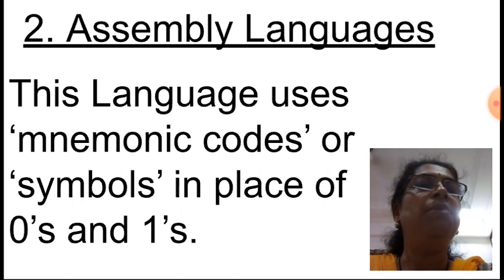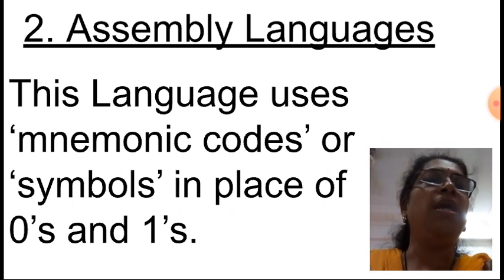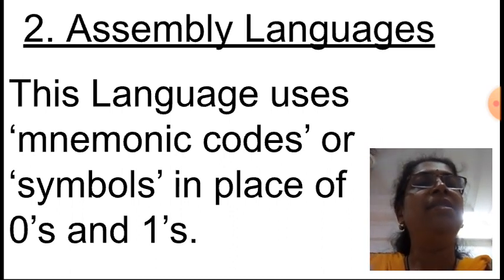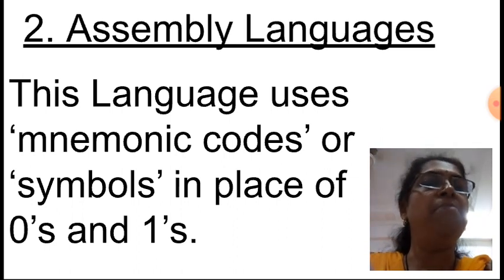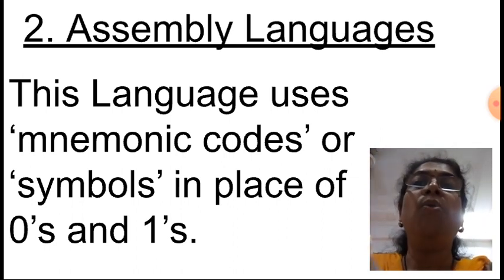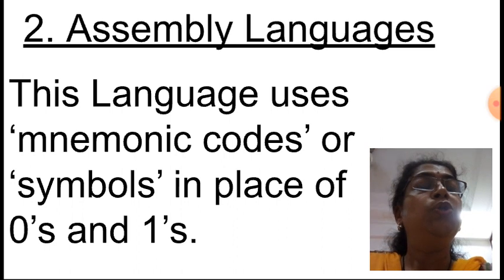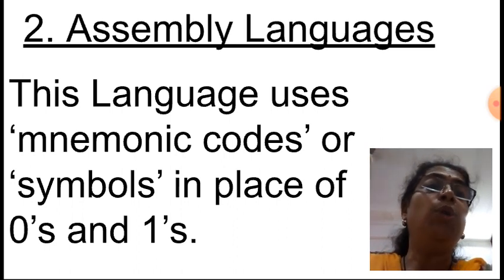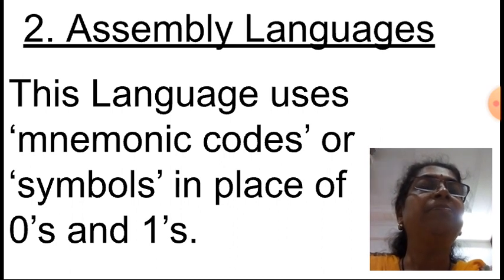Same way in the computer memory also, each storage location has its own address. Instead of remembering that address, they used to have symbols. Now these symbols again should get translated into machine language. Then only the computer will understand.